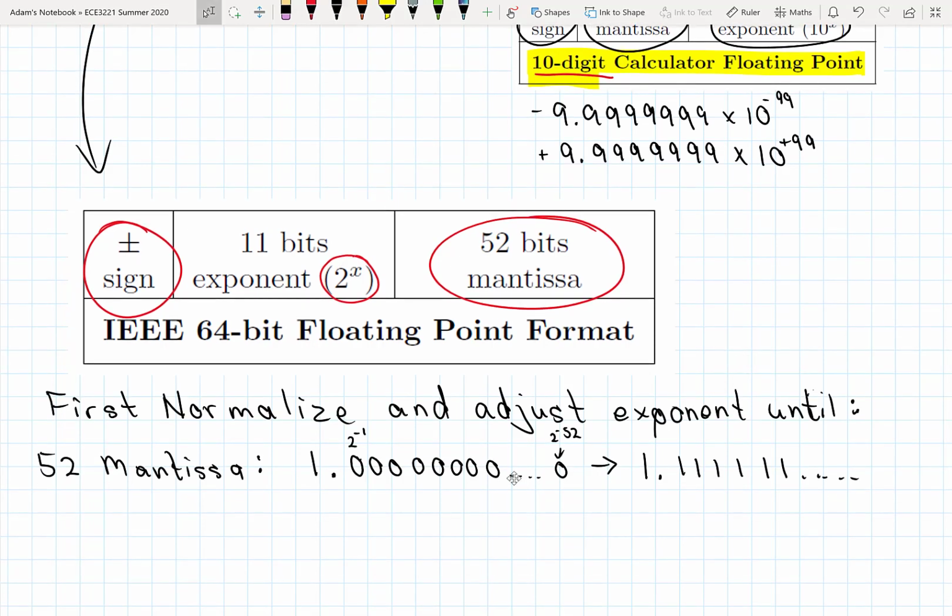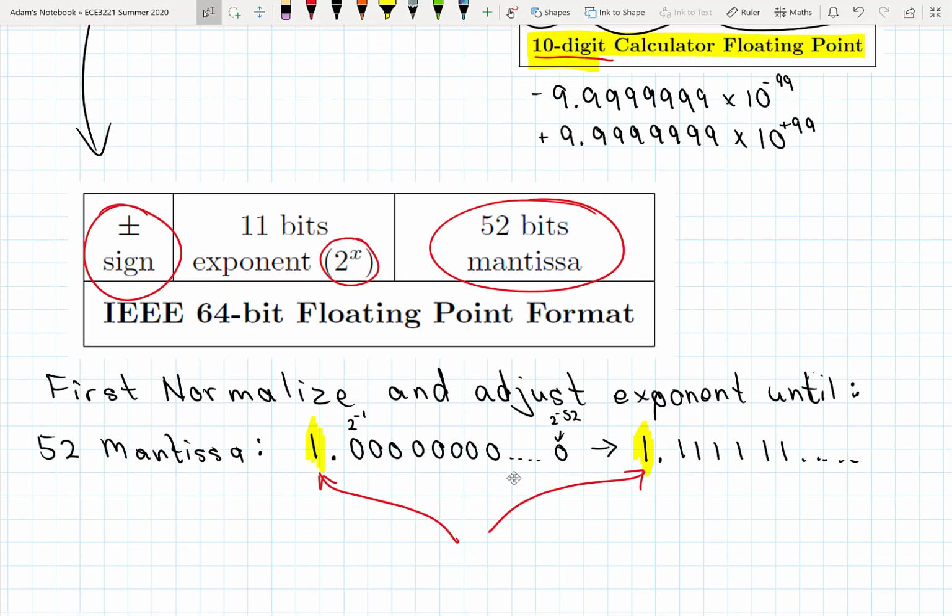You might say, well, wait a second, you have 52 bits, you forgot about this 1. Well, you'll note that in all cases that's going to be a 1, so there's no reason to waste a bit to represent that 1. That 53rd bit is implied. Because this is always a 1 in that spot to the left of the decimal, that bit is implied.